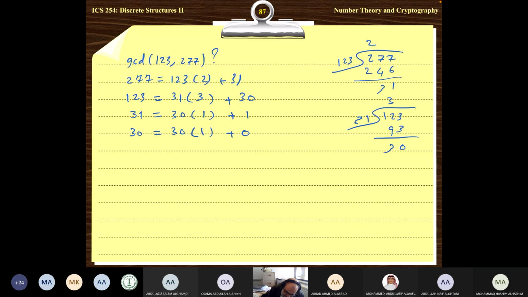So what is the greatest common divisor between them? So GCD of 123 and 277 is equal to 1.